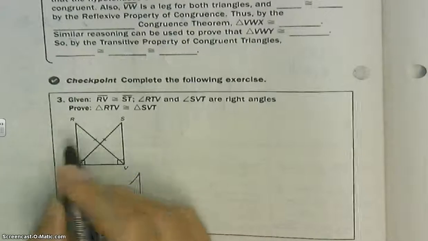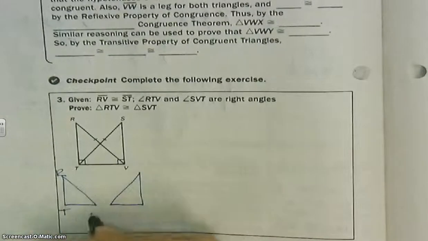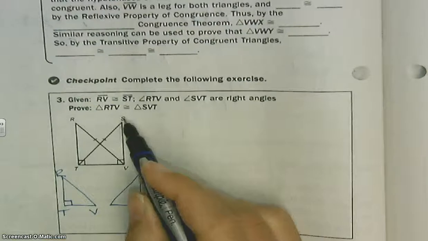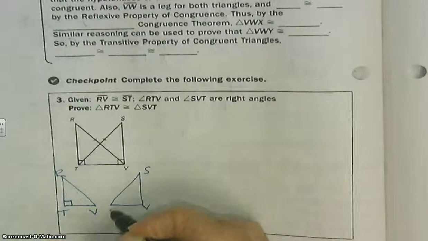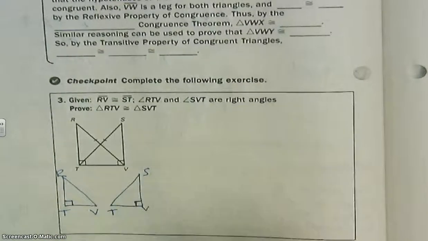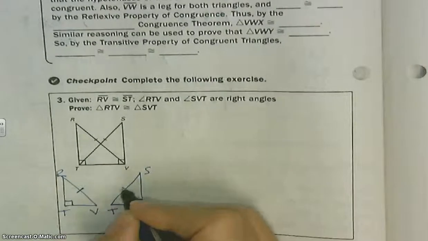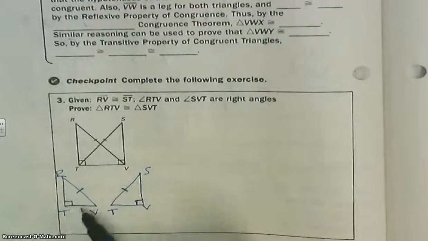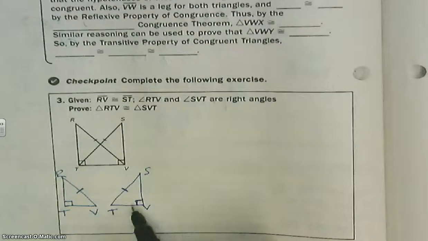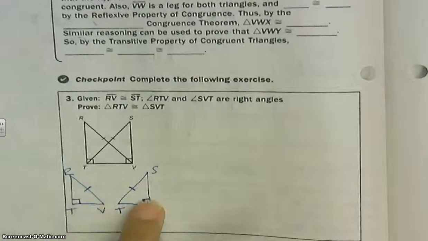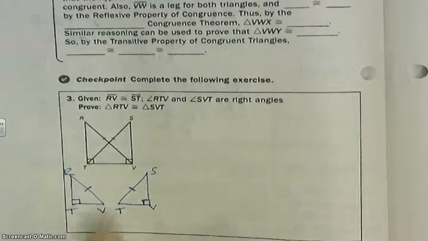So we've got RTV and you've got SVT. All right, so mark our given. RV is congruent to ST, and RTV is a right angle, and SVT is a right angle. Okay, I already have that in my picture. We have to prove that these two triangles are congruent to each other.